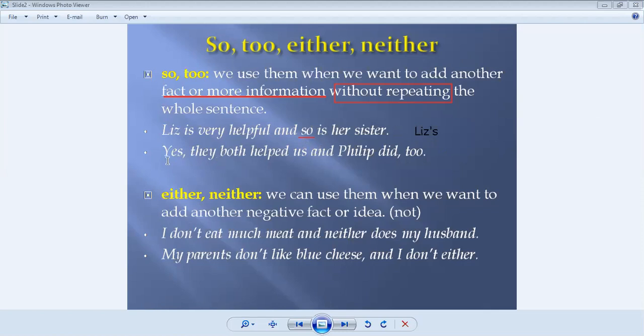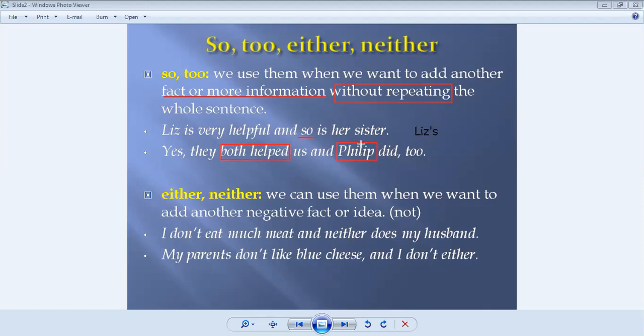They both helped us, and Philippe did too. They both helped us, right? Both. Yes. And also Philippe. To avoid repeating both, we added more information.